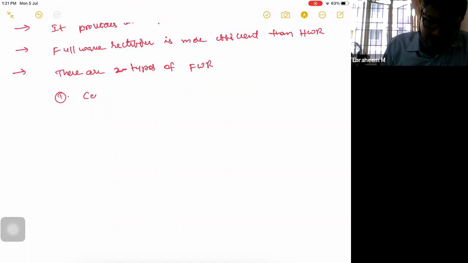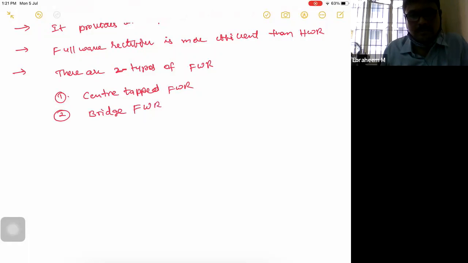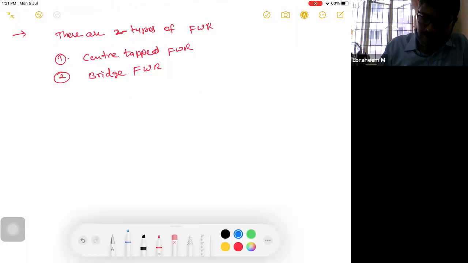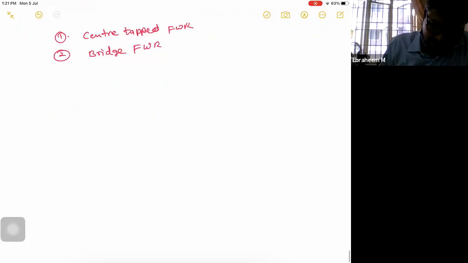The first one is a center tapped full wave rectifier. The second one is a bridge full wave rectifier. Now we'll see the center tapped full wave rectifier.